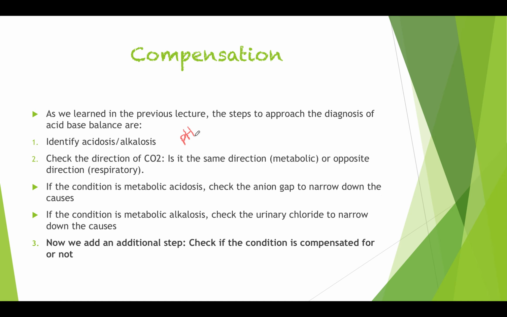As we learned before, if the patient has a metabolic problem, the organ that compensates is the lung. And if the patient has a respiratory problem, the organ that compensates is the kidney.